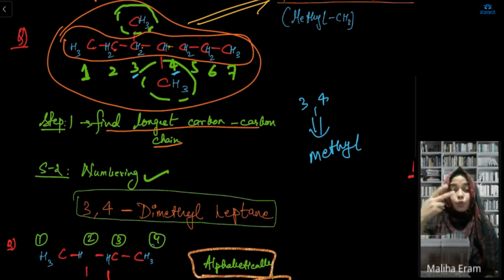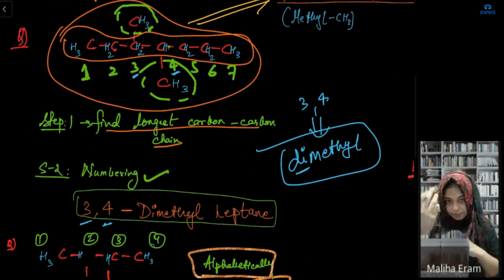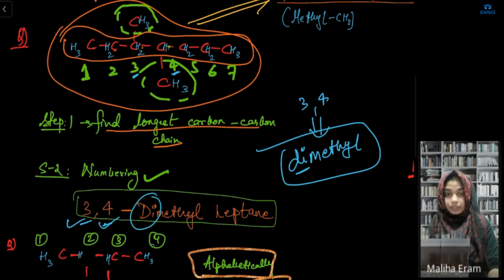But there are two methyls, so we can write dimethyl. If there are two methyls, what do we write? Dimethyl. Two substituents, so we will write di. So here 3,4: first we will write the numbers, which number has which substituent. So 3,4, and how many substituents? We are getting only two substituents here, which is di.